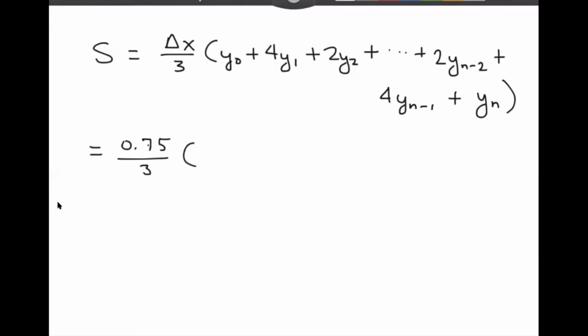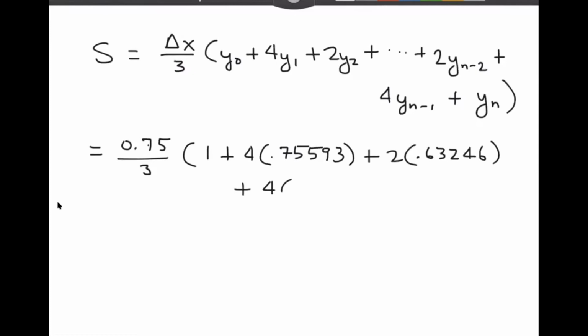And then reading the y values from my table, it's going to go 1 plus 4 times 0.75593 plus 2 times 0.63246 plus 4 times 0.55470 plus y4, which is 0.5.